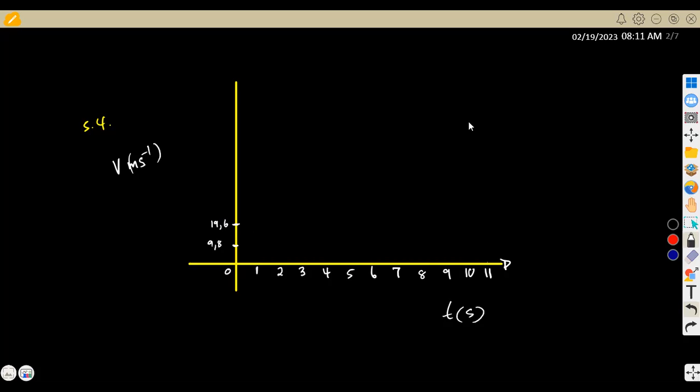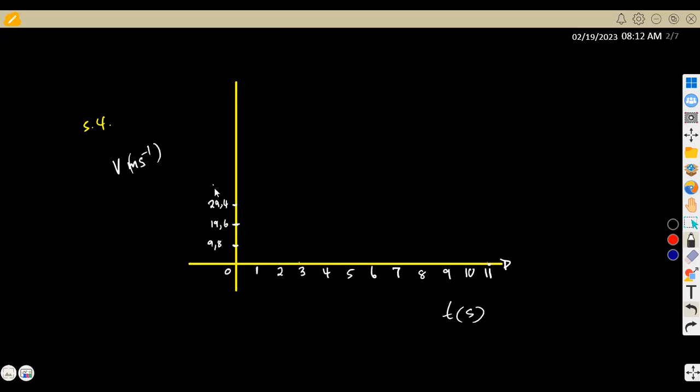So this must correspond up to 11. The third one, we add 19.6 plus 9.8, which is 29.4. We add until the 11th part there on top.